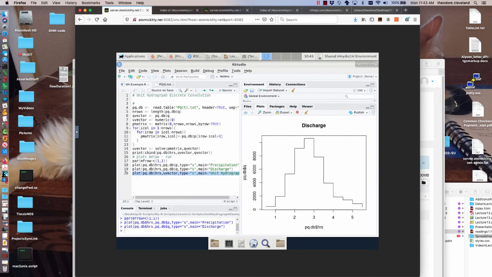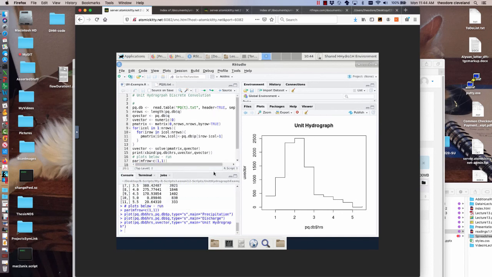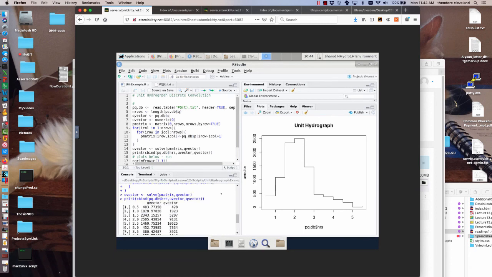And last one is the unit hydrograph. And if we look down here, there's the computed unit hydrograph.